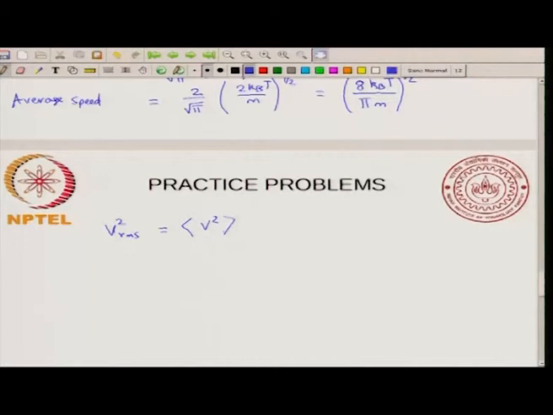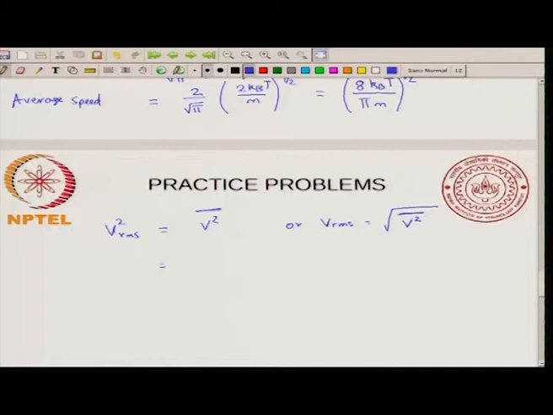I have been using a slightly different notation for average, but I will stick to our notation. So, v root mean square is the square root of the average of v square. Essentially, what you need to do is calculate the average of v square.